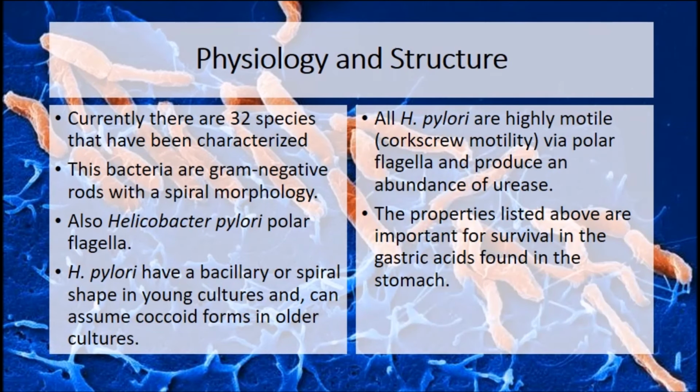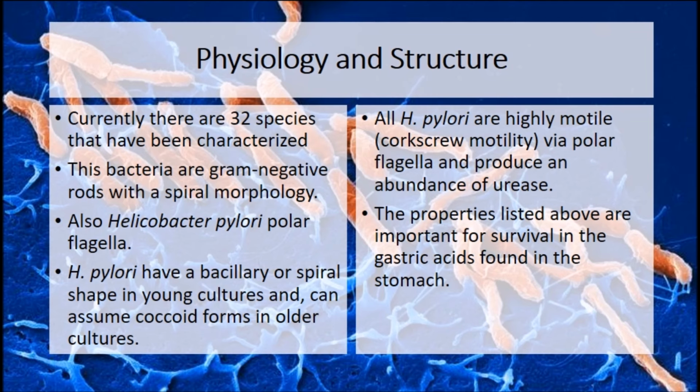To get started, we're going to talk about the physiology and the structure of this bacteria. There are currently 32 species that have been characterized. These bacteria are gram-negative rods with a spiral morphology. Also, Helicobacter pylori has polar flagella, which is very useful for motility. H. pylori have a bacillary or spiral shape in young cultures and can assume coccoid forms in older cultures.